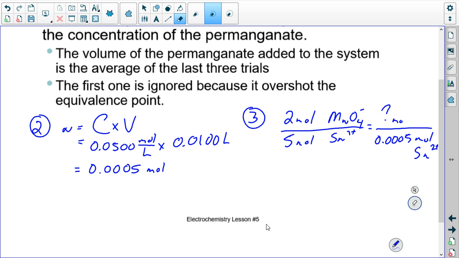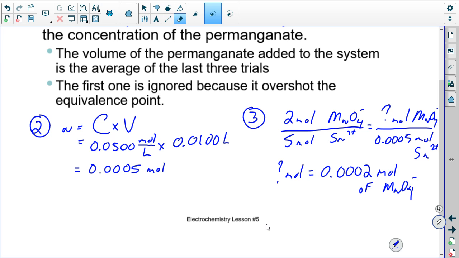How many moles of the permanganate? So again, I'm just using a bit of calculator work there.